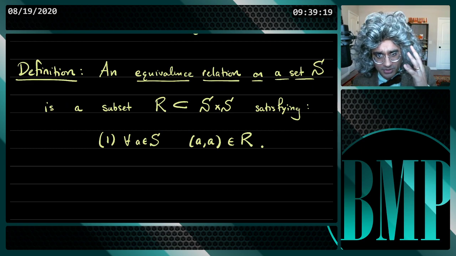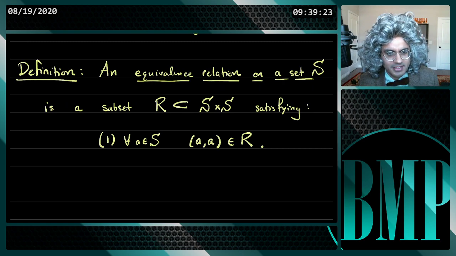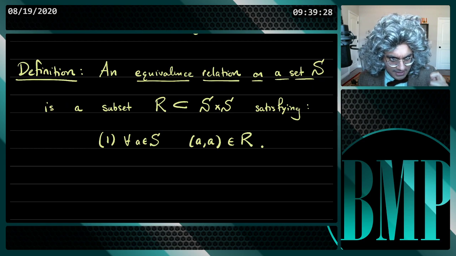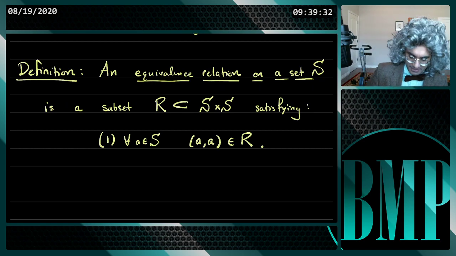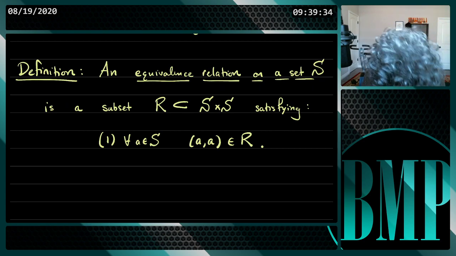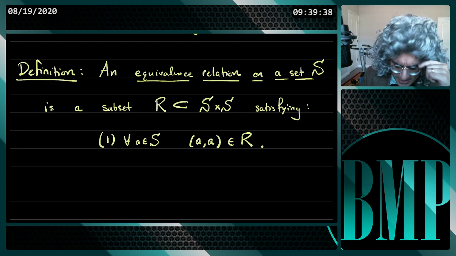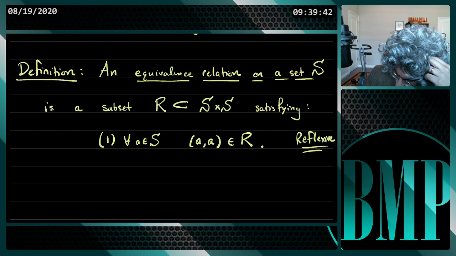So that's why the letter R is used. Okay, so we'll do examples. It's not fancy. Okay, so whenever you have any element in S, it, comma, itself is always in such a subset, an equivalence relation subset. This is called the reflexive property. I don't care what they're called.